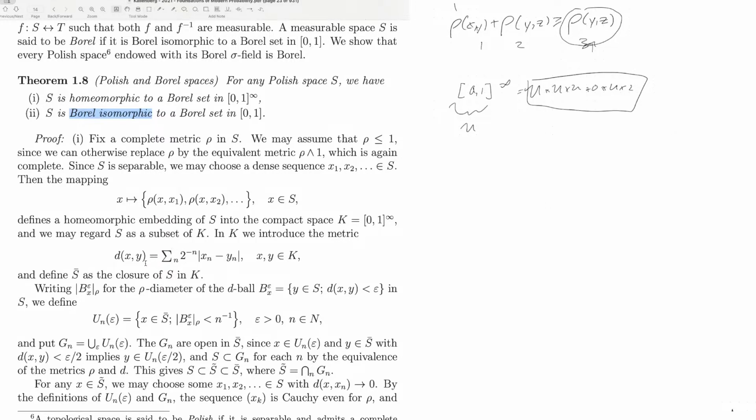In K, we introduce the metric distance. It's basically we just go through each index, and it just sort of gets smaller and smaller.